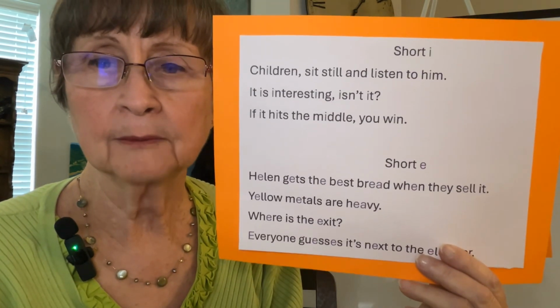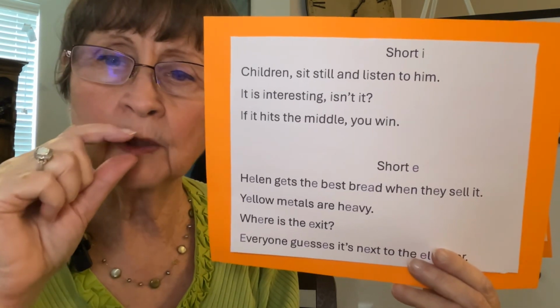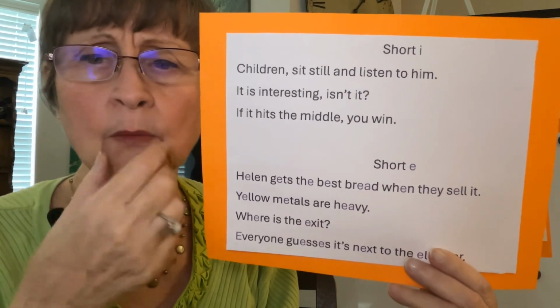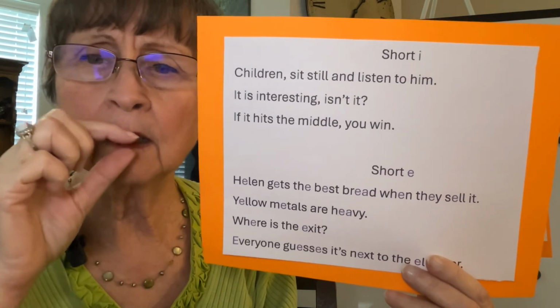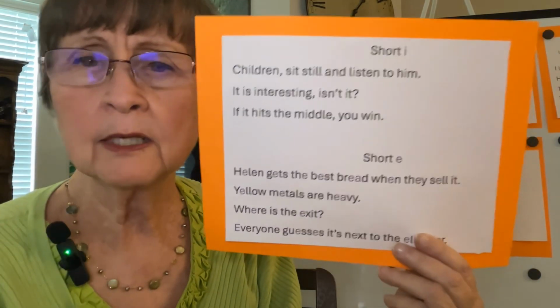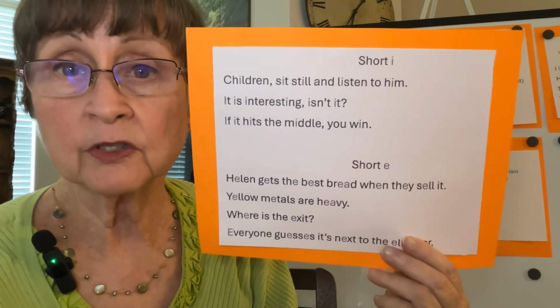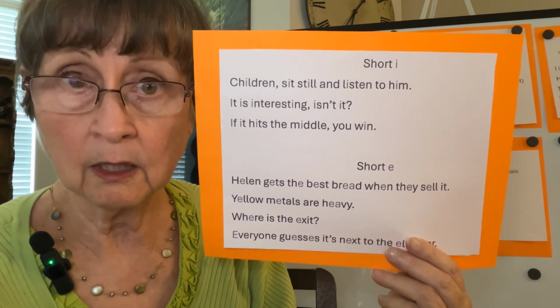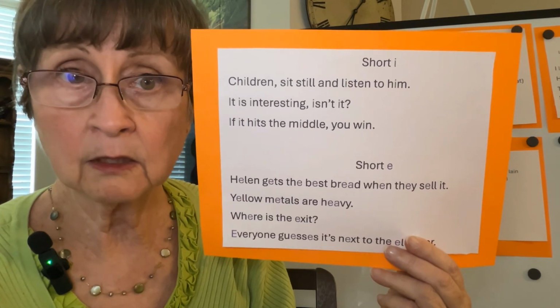It's I. You drop your mouth open a little bit more, but it's almost an E, but your mouth closes a little and opens just a little more. Listen to me read it the way Americans say it. Children, sit still and listen to him.